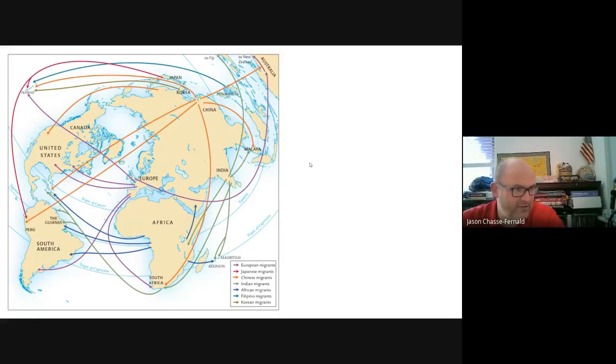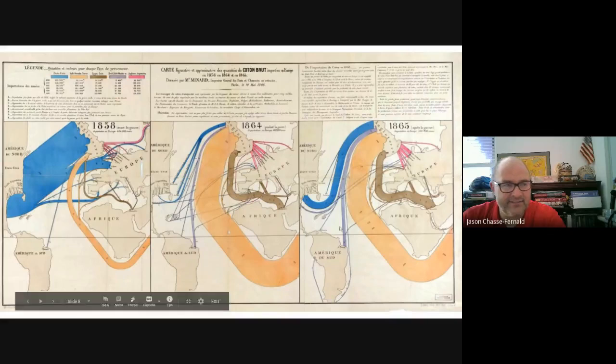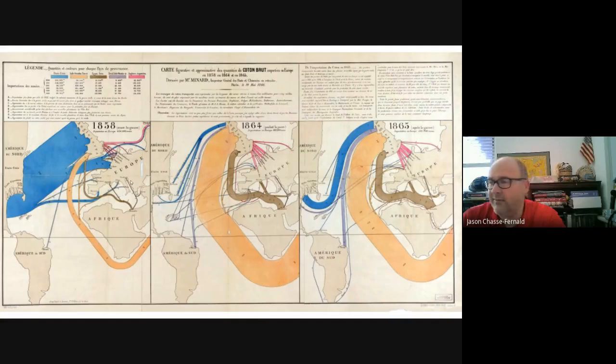During this era, we're not just seeing migration into the United States. Obviously, we're seeing large-scale migration globally. Wherever there are pull factors, you're going to see migration. This is similar data, just in a different format. It comes from that French source that we've used for infographics for Napoleon's invasion of Russia, and also for cotton production.